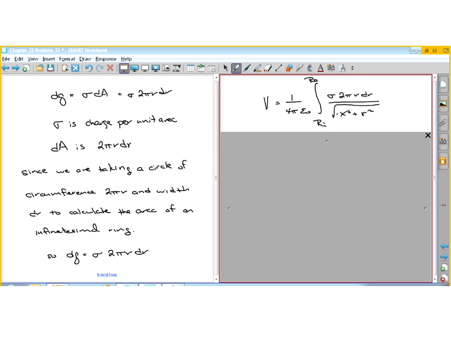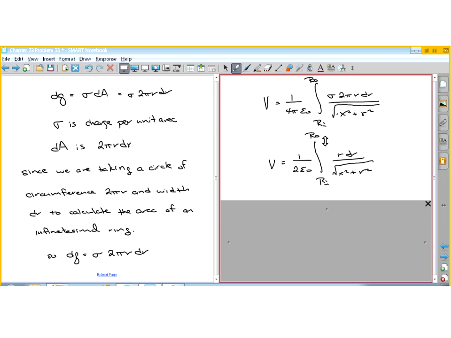We've got 2 here and 4 there, so we can simplify that down to a half. The pi's cancel out. Sigma is a constant, so we can take it out of the integral. So we end up with this. The pi's cancel out, and 4 becomes 2. And the integral is r dr over the square root of x squared plus r squared. R is the variable. X is a constant, but it's a constant we're going to change depending on the geometry of the situation.